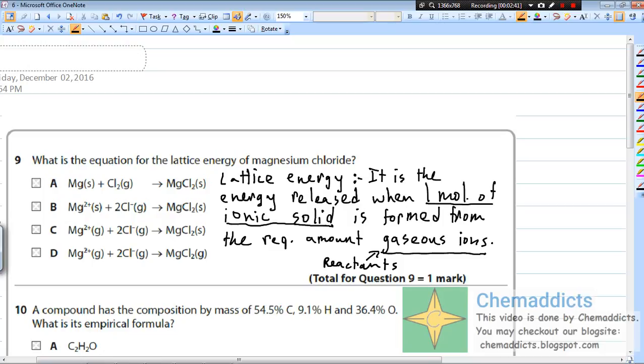So if we compare here, these two are the possible answers. Here C should be the answer, since the positively charged gaseous ion reacts with the negatively charged gaseous ions to form 1 mole of ionic solid.